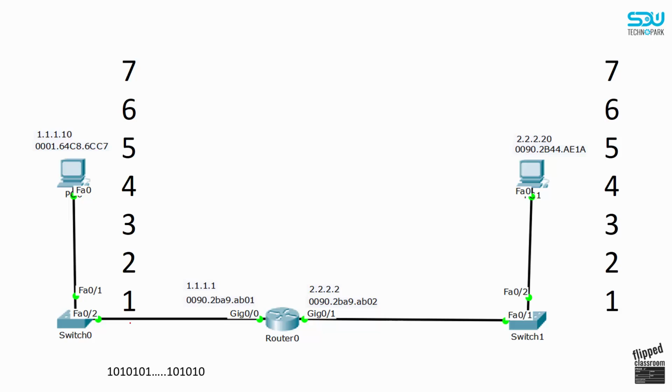Next, what happens? Our bit stream, or signals, are going to the router. The router receives this frame, deletes the frame header and the frame trailer, and looks only for IP addresses, because the router is working on layer 3, and layer 3 works with IP addresses.